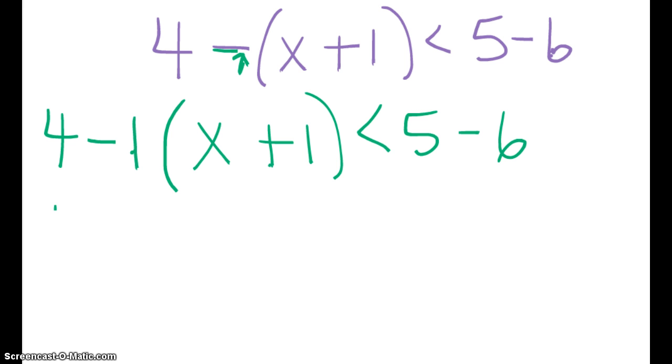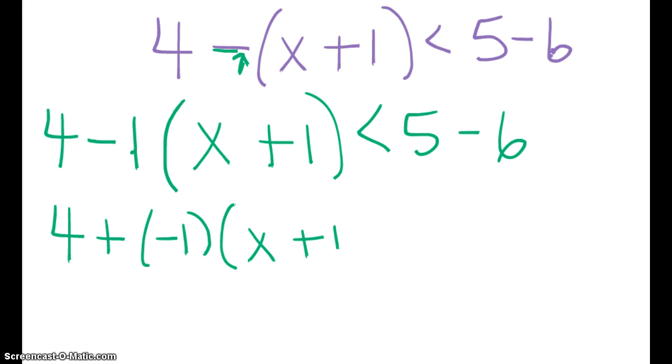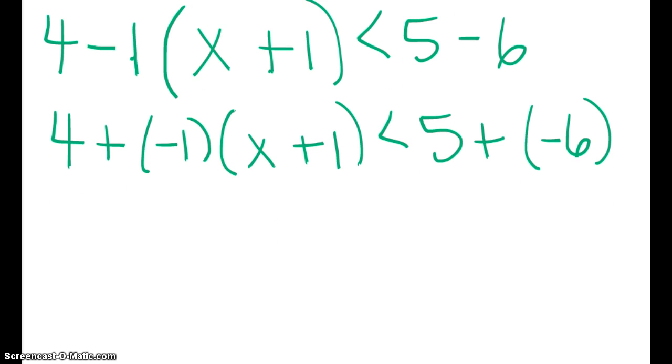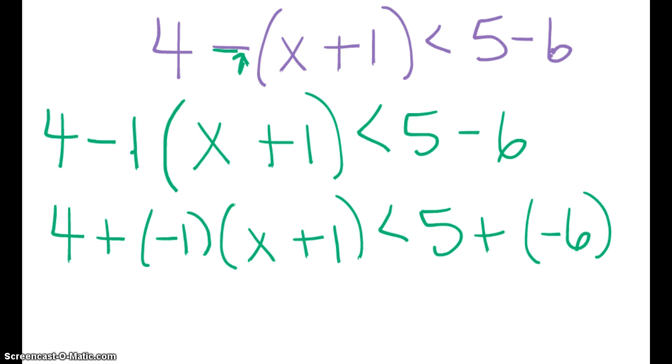So then you can say 4 plus negative 1 times x plus 1 less than or equal to 5 plus negative 6. You may need to watch this one a couple of times, guys. Again, there really is just a 1 right there that's invisible.